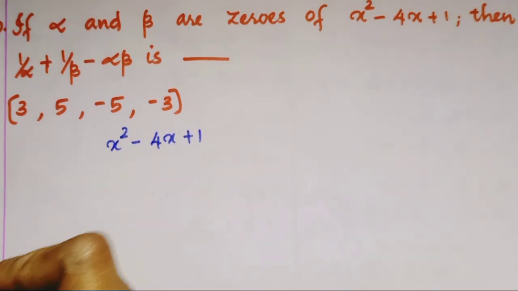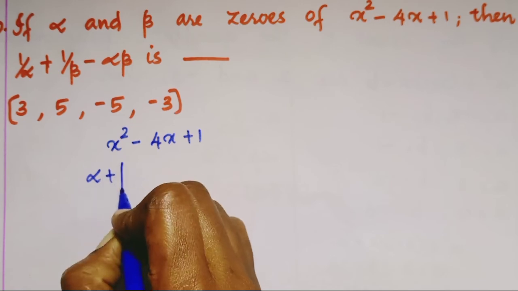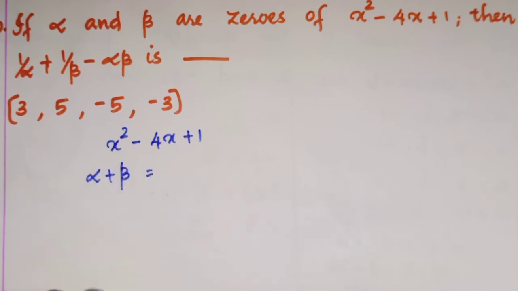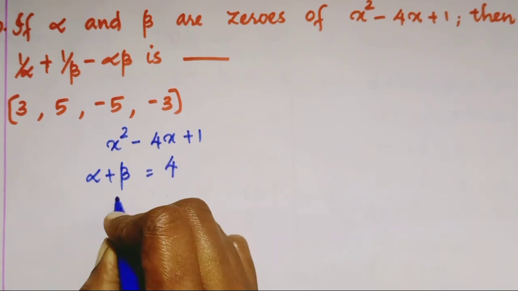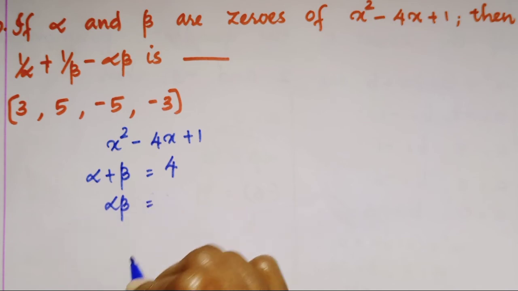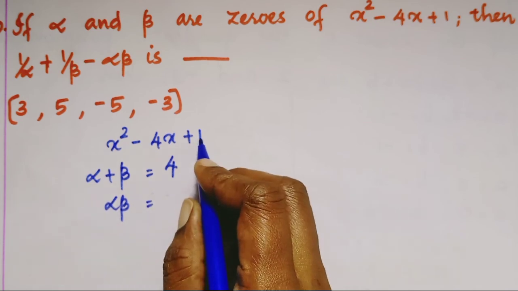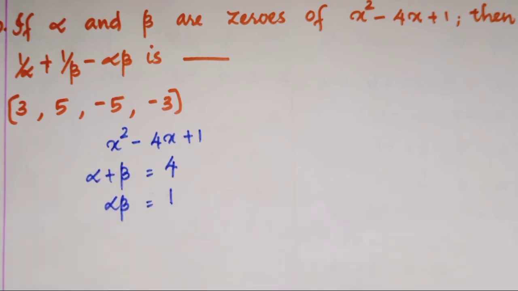From this we can write alpha plus beta equal to minus b by a, so 4 by 1, that is 4. Alpha beta equal to c by a, that is 1 by 1, so 1. So let us substitute the values.